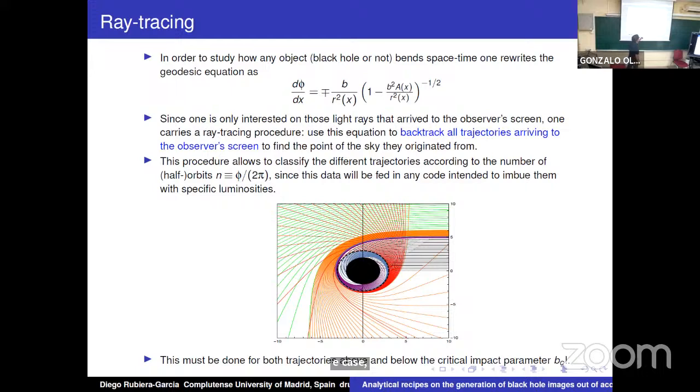Okay. So you might wonder at this point why we should worry about trajectories like this one that intersected the horizon. This trajectory you will never see on your screen because it should have originated from inside the black hole, which cannot be.